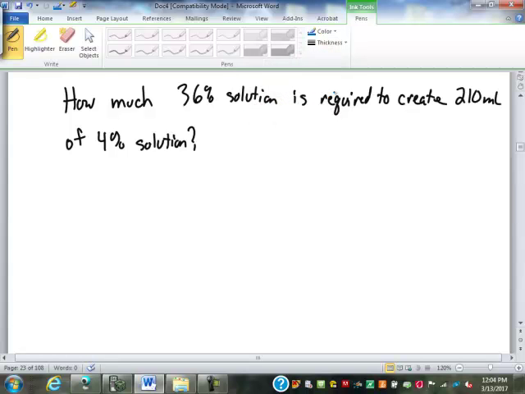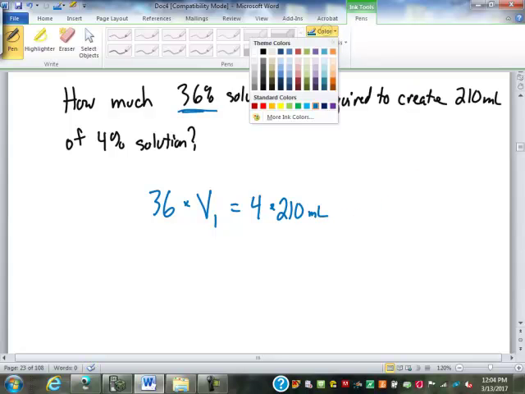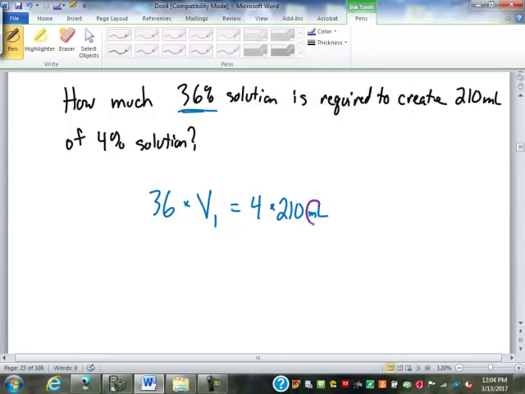So looking at this, we are starting out with 36% solution, but we don't know how much we have. So 36 times V1 equals, we're ending up with 4% solution, and we need 210 milliliters of it. So now again, the milliliters are only here to tell us that this volume will be in milliliters as well.